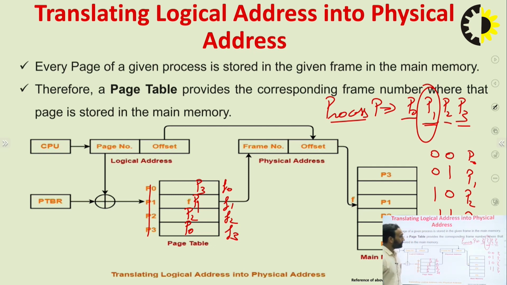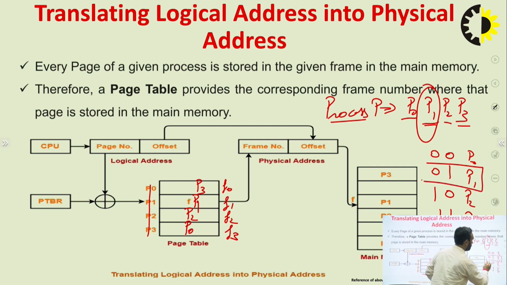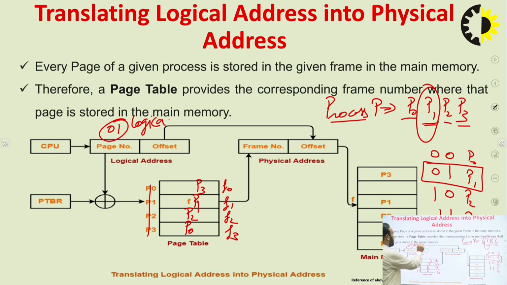When the CPU requests P1, that means the binary representation 01. So 01 will be identified, or that will be the logical address.